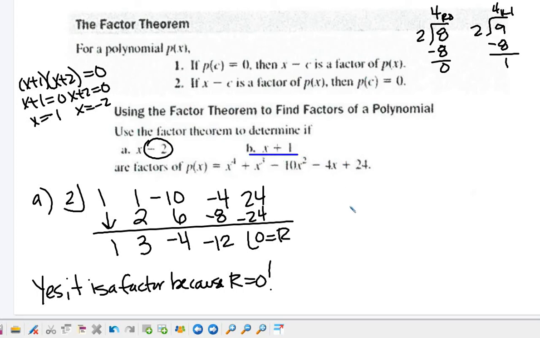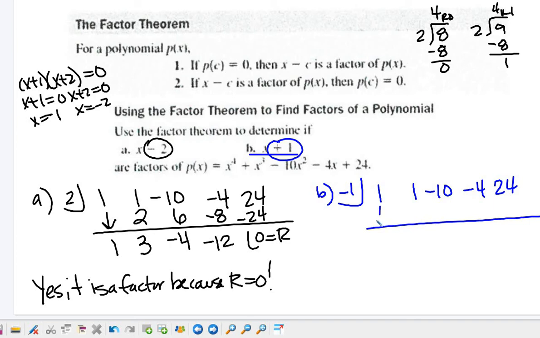Letter B. Again, we put in the opposite. So -1, 1, 1, -10, -4, 24, 1. So multiply, add, multiply, add, multiply, add, multiply.